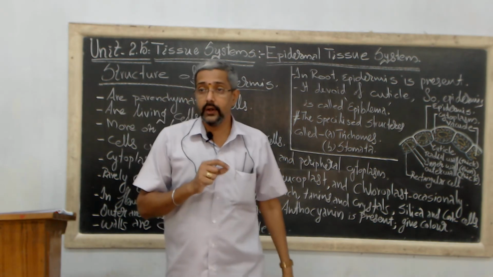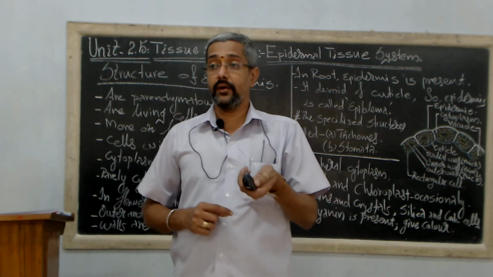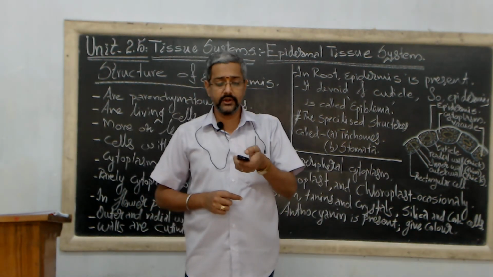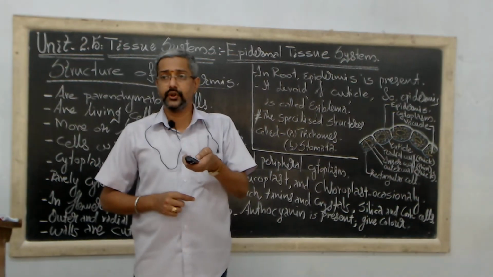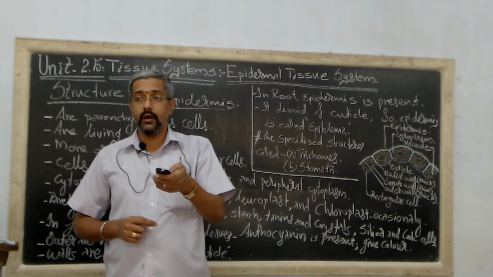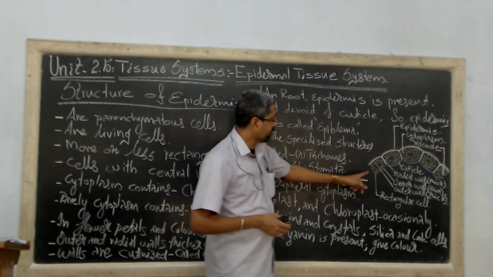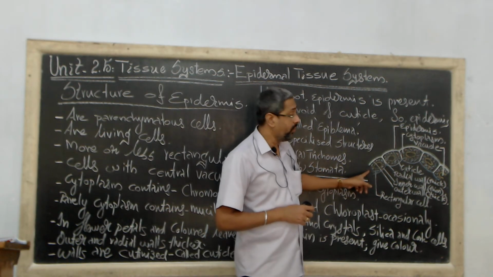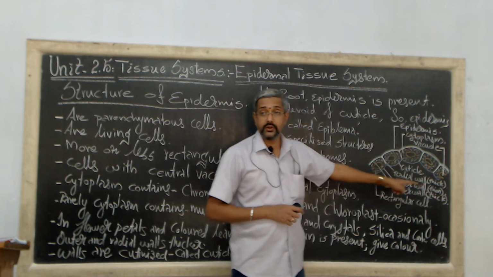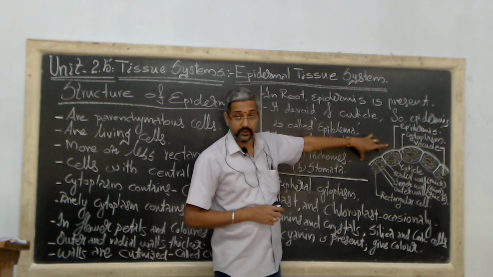Okay, so here you can see the structure of epidermal tissue seen in the plant body. Here in this diagram, you can see the rectangular shape of epidermal cells, which are somewhat elongated or dumbbell shaped.